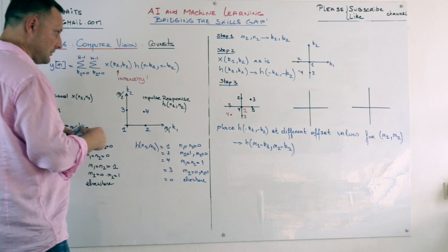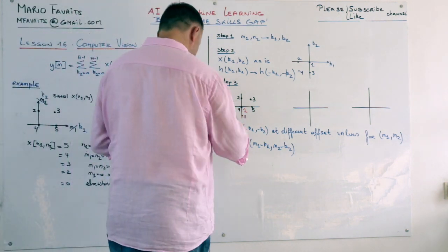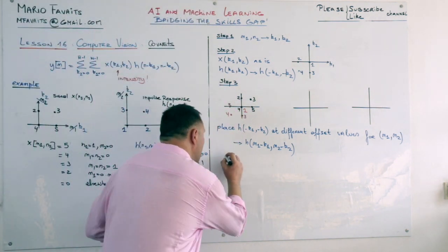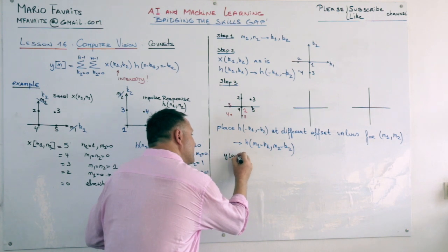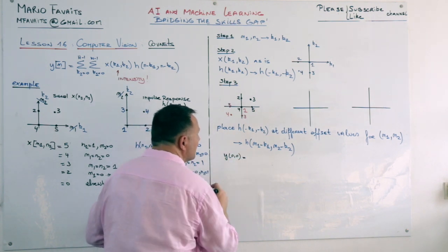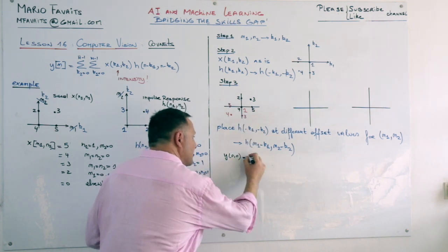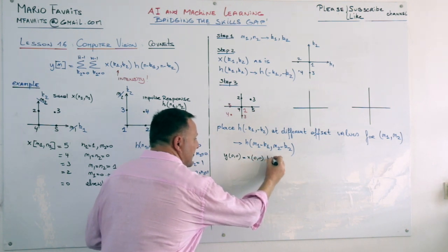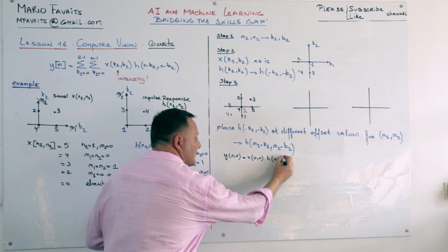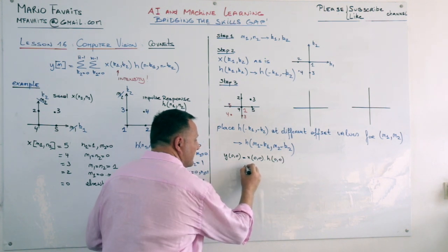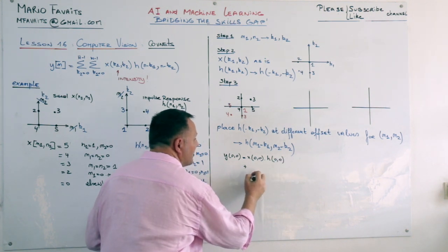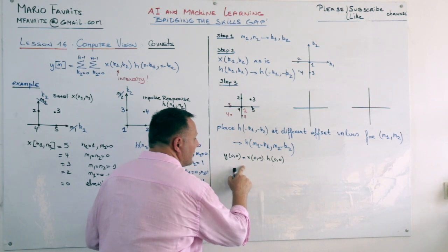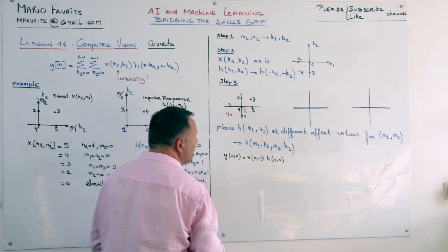For this situation you have y0,0 equals x0,0 times h0,0. It's just like this, right?